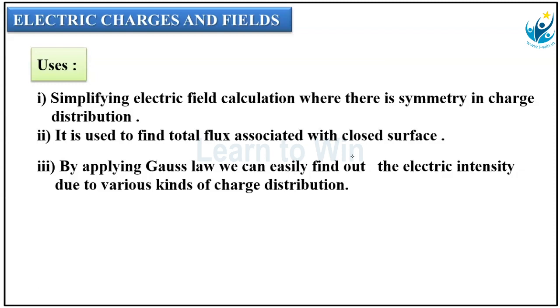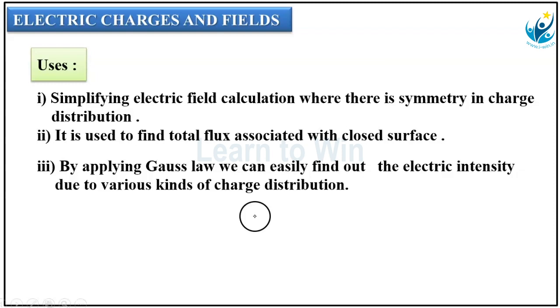And the third one is volume charge density. Charge is distributed throughout the volume of the body, that we denote with rho. For such kinds of charge distributed bodies, to find electric field intensity, we apply Gauss law. These are the uses of Gauss law.